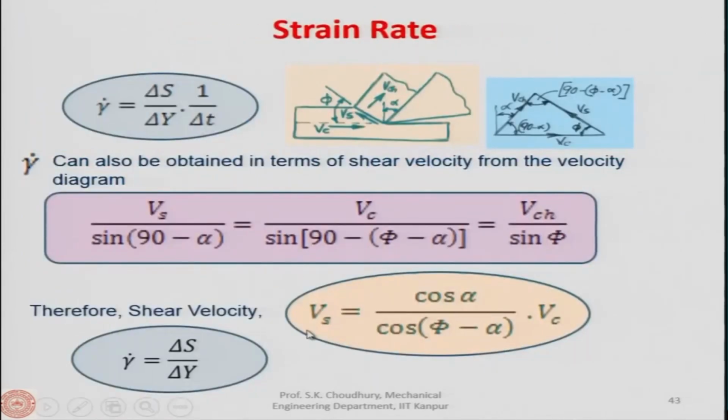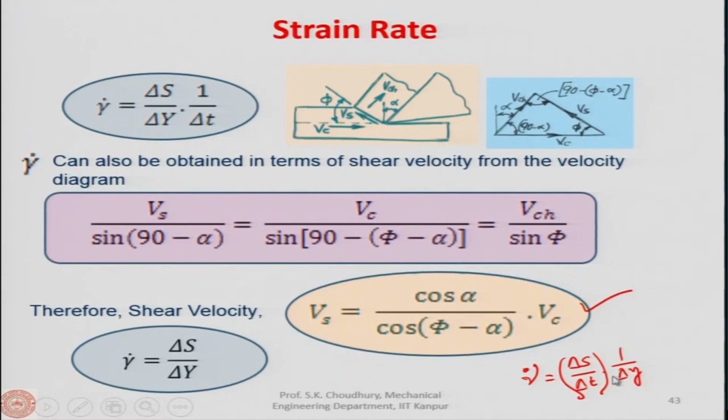So, as you understand, this is why we have done that: delta S by delta t into 1 by delta y we can find out. This we can say is delta S by delta t and the 1 by delta y. Delta S by delta t we can find out in terms of Vs, because this is the shear velocity.